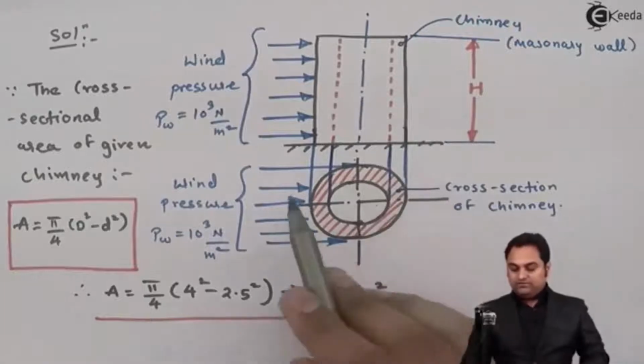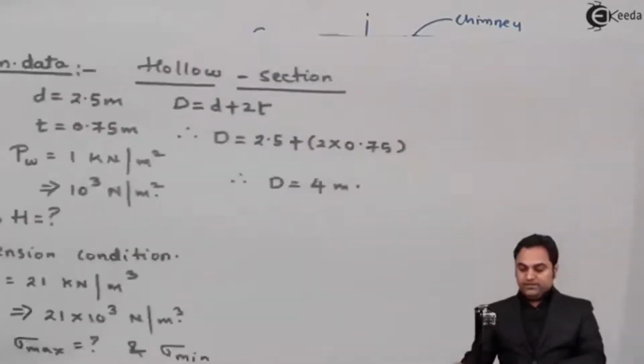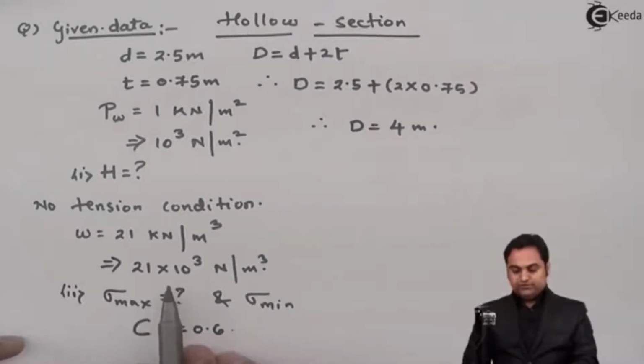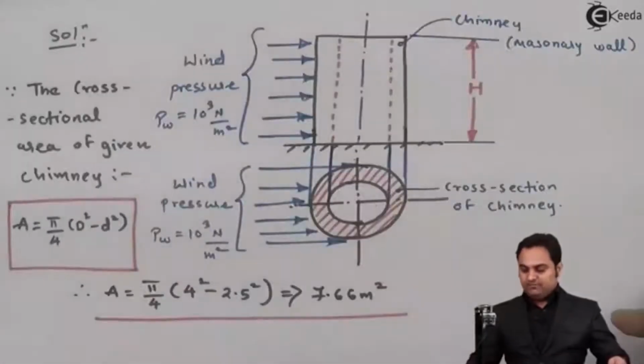Now after getting the cross section area, in this problem they have given the weight density of the chimney. From this we will calculate the weight acting because of its self weight.